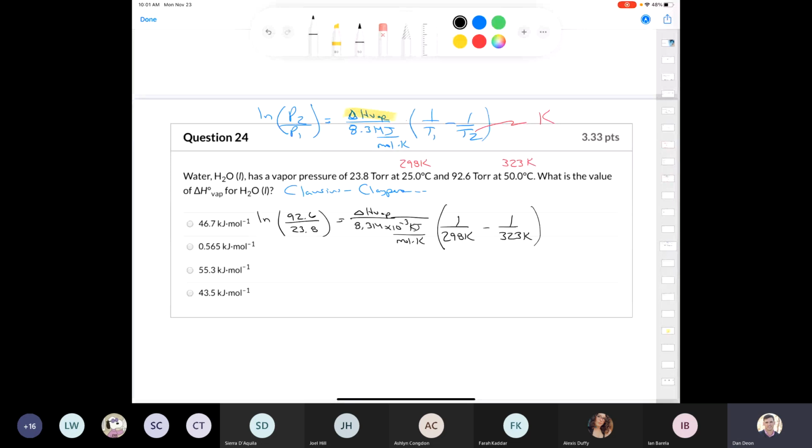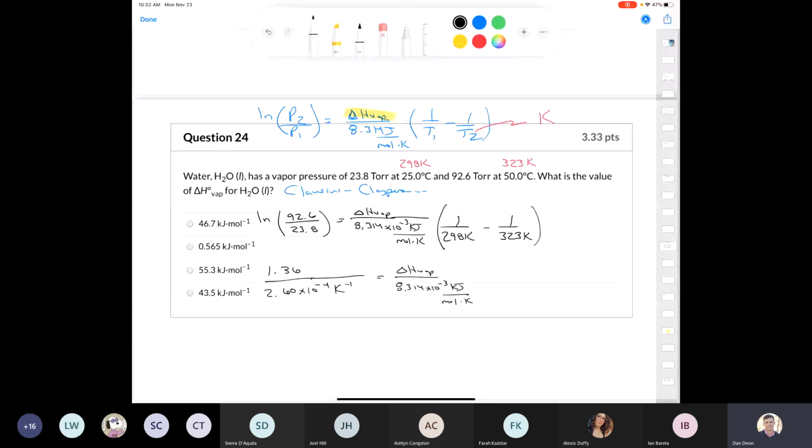We get 1.36, and I put it down here, divided by 2.60 times 10 to the negative 4 Kelvin to the negative 1, reciprocal Kelvin, is equal to delta H of vaporization divided by 8.314 times 10 to the negative 3 kilojoules per mole Kelvin.